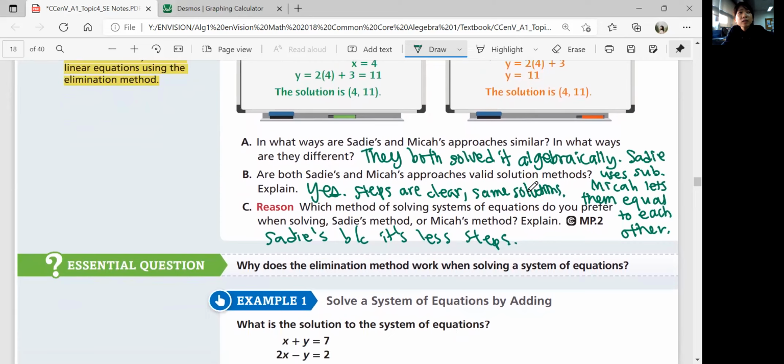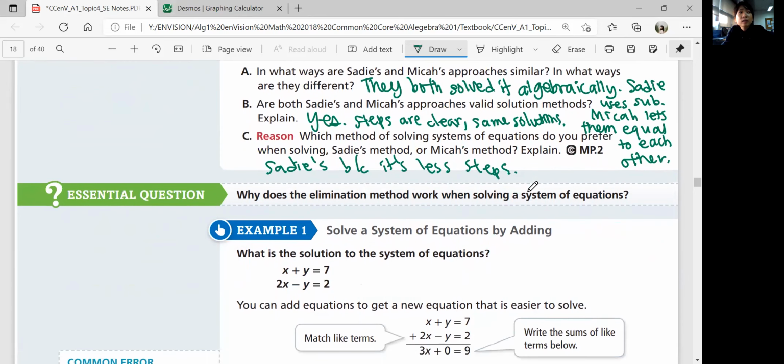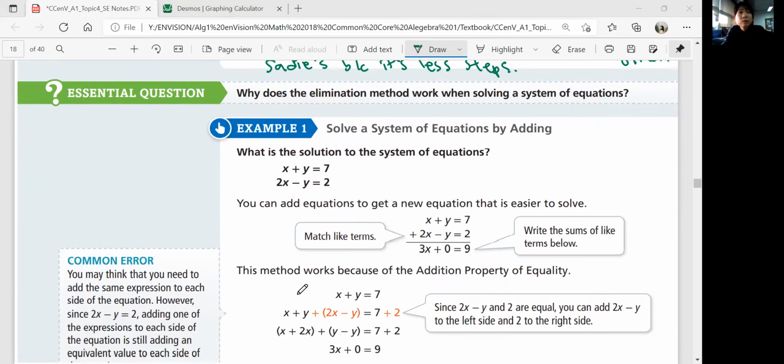All right, so in this lesson, we're going to think about why the elimination method works when solving a system of equations. Okay, let's look at example 1. Solving a system of equations by adding. What's the solution to this system of equations? We're going to use a different method called elimination.